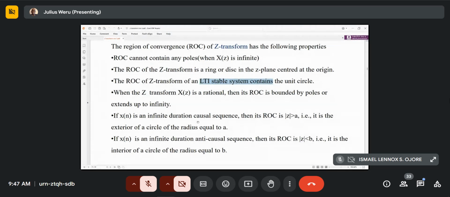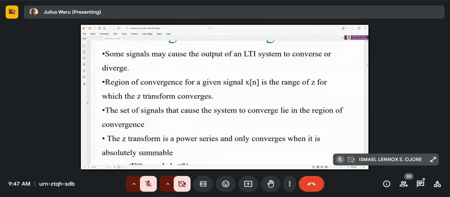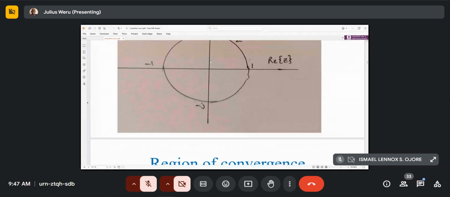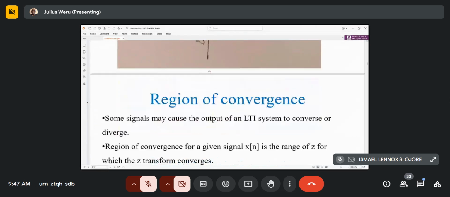That means it is on the exterior of this circle. And of course for a stable system, that a has to include the unit circle.